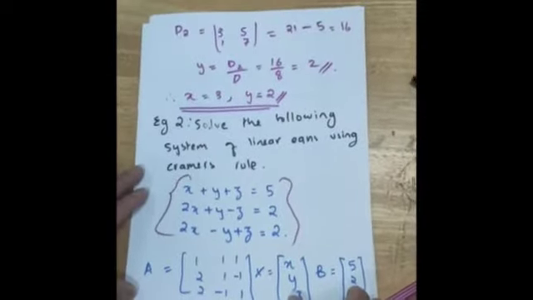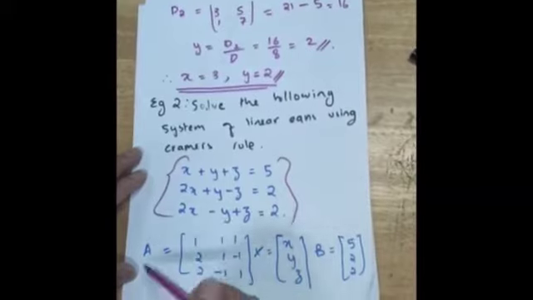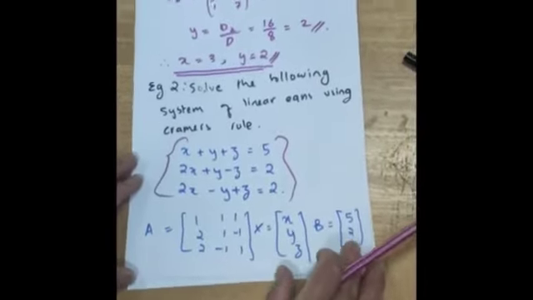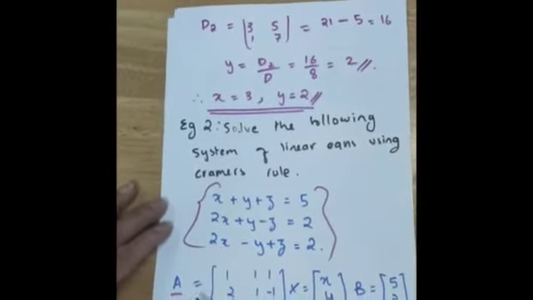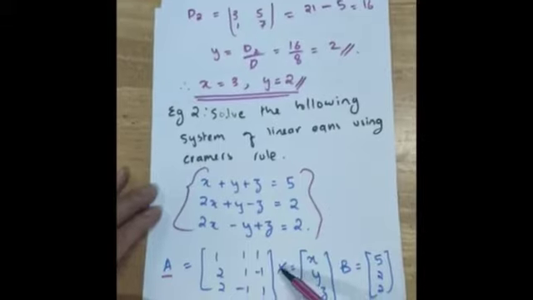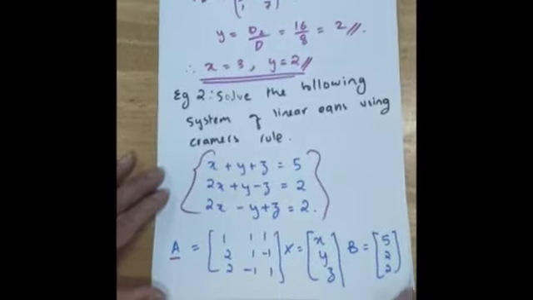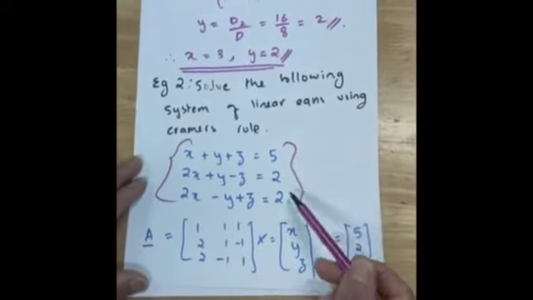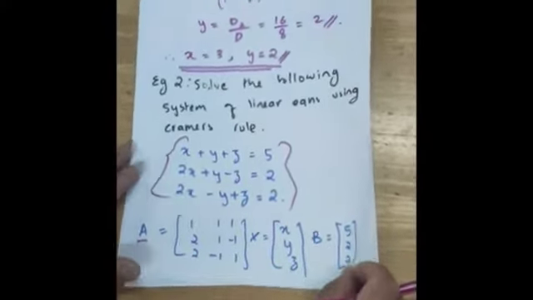Our first step is to transform the system of linear equations into matrix form. We obtain the coefficient matrix A, which is the coefficients of the linear equations, the matrix X, which is the variables involved in the system, and the matrix B, which is the constants of the linear equations.